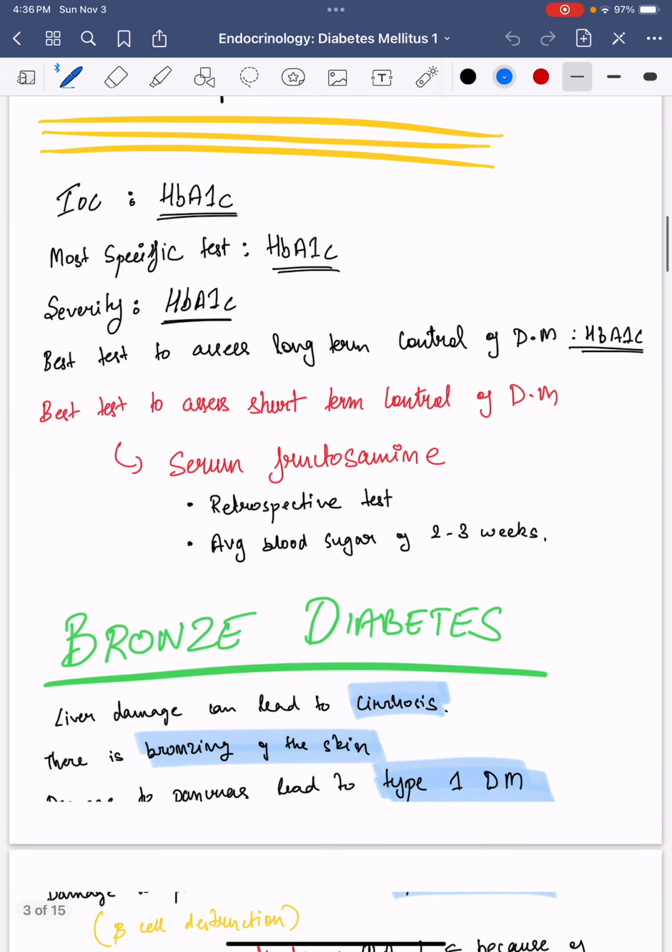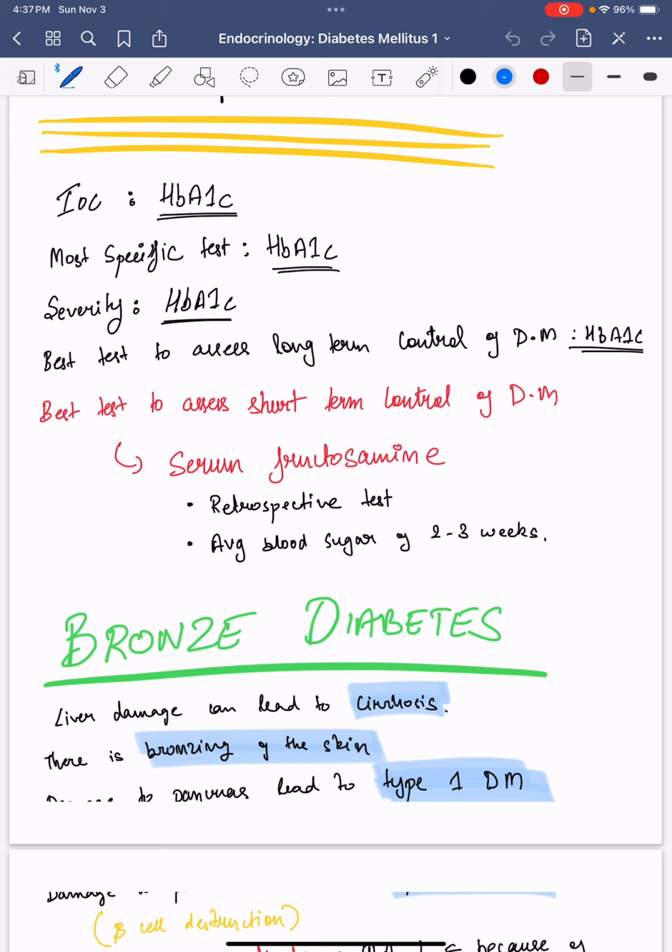So the investigation of choice in diabetes mellitus is HbA1c. The most specific test is also HbA1c, the best test to check the severity is also HbA1c, and the best test to assess the long term control of diabetes mellitus is also HbA1c.